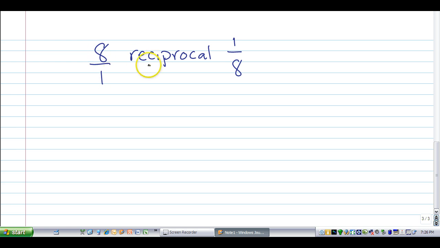So the reciprocal of 8 is 1/8. What if I have 1/4? What's the reciprocal of 1/4? Flip it over, you get 4/1. And isn't 4/1 4? Yep. Okay, so a reciprocal is just flipping a fraction or flipping a whole number.